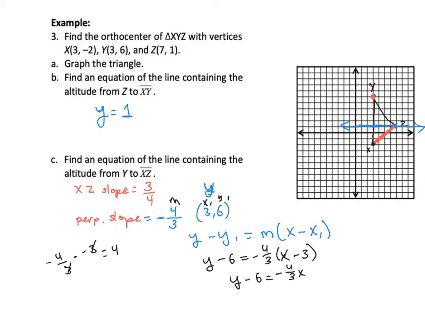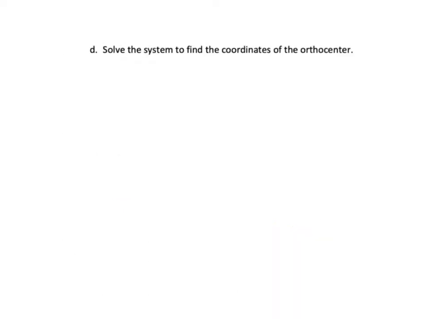So what's left over here is plus 4 when you're distributing that negative 4/3 to negative 3. Now just add the 6 to the other side, we get y equals negative 4/3 x plus 10. And that is that equation from here.